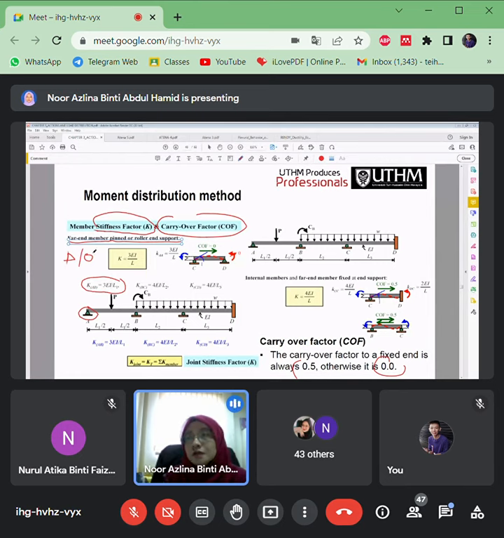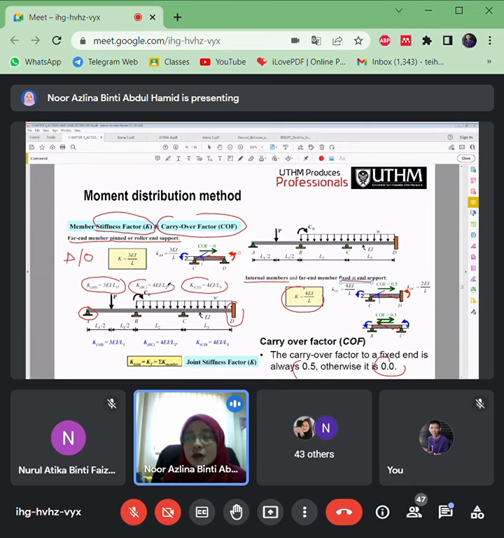If the support is fixed here, you need to use 4EI divided by L. This is the fixed one, so the stiffness for CD, or DC, is the same, 4EI divided by L. And 4EI divided by L is also used for the internal member.